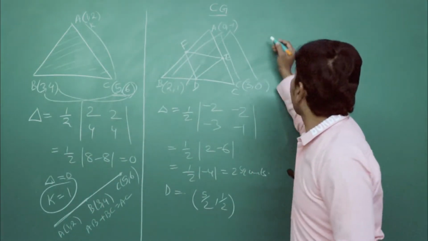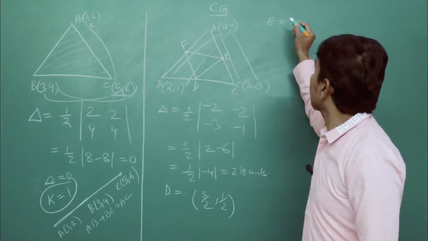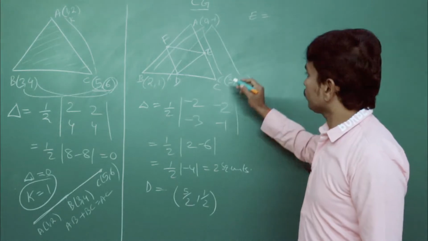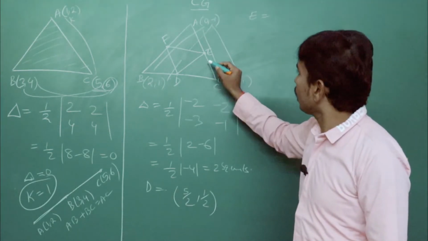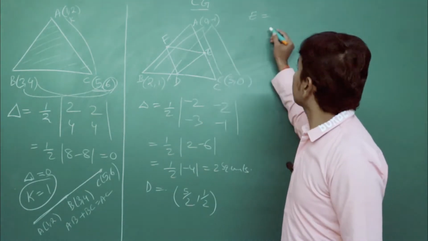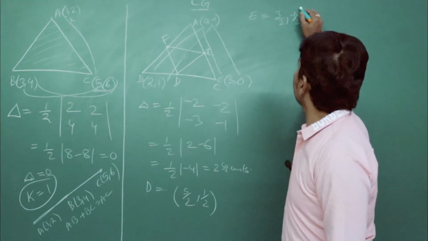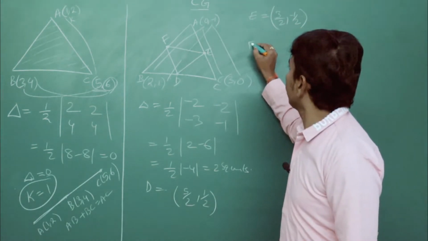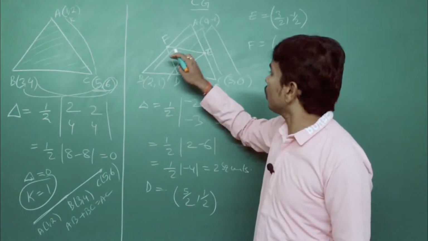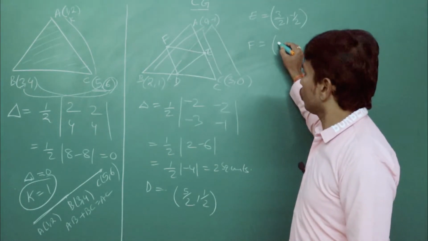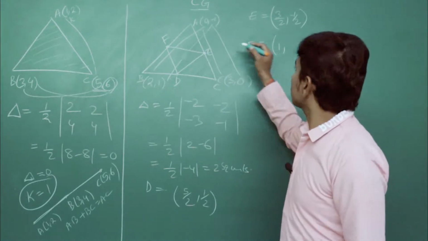One more point E. How can we get the E value? E is 0 plus 3 by 2, 3 by 2, 0 minus 1 by 2, minus 1 by 2. Next, F is the midpoint of these two, no? 2 plus 0 by 2, 2 by 2, 1; 1 minus 1, 0.